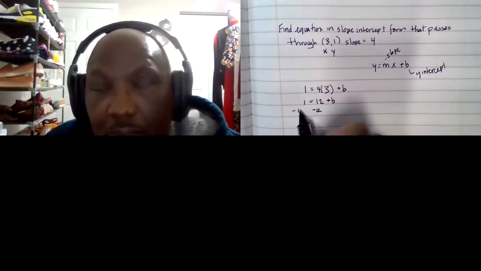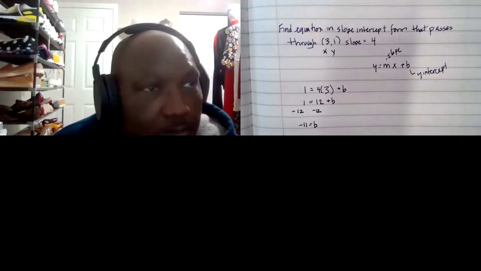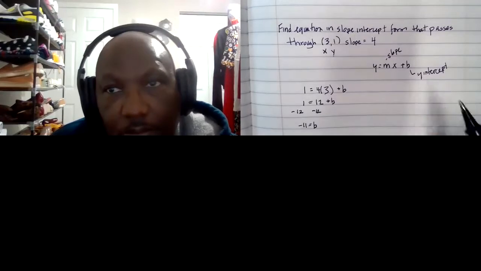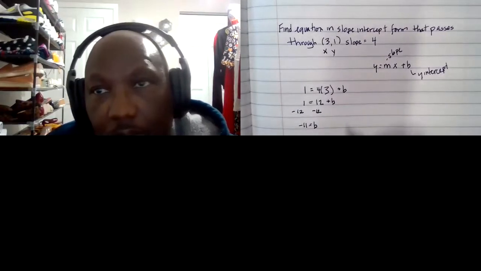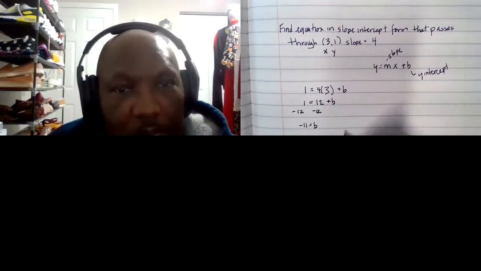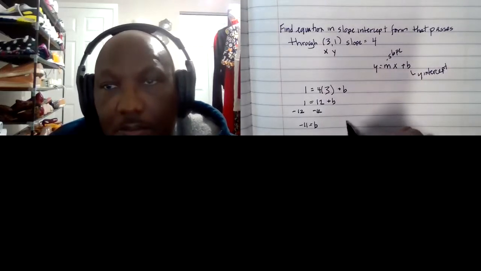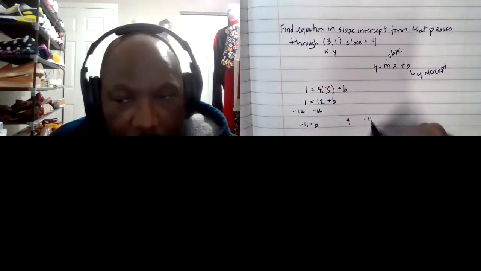So we're going to take away 12 here. 1 minus 12 is negative 11 equals B. Just like that, we filled out our slope-intercept form. And that means we have a slope of 4 and a y-intercept of negative 11.